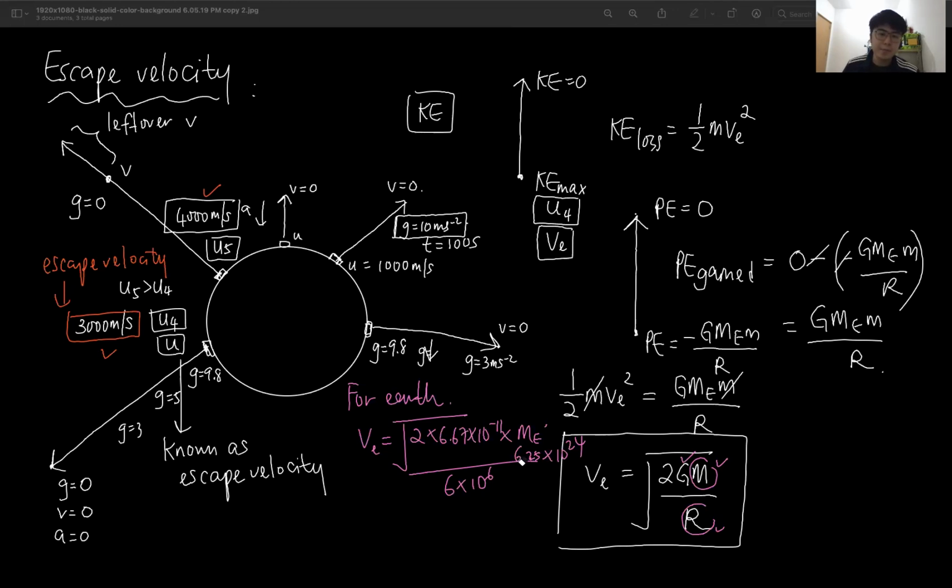Oh, I see. The mass of the Earth is about 5.97 times 10 to the power 24 kg. Calculate this, and you find it's roughly 11.2 kilometers per second. To escape the Earth, you need to be traveling at 11.2 kilometers per second, to overcome the pull of gravity.